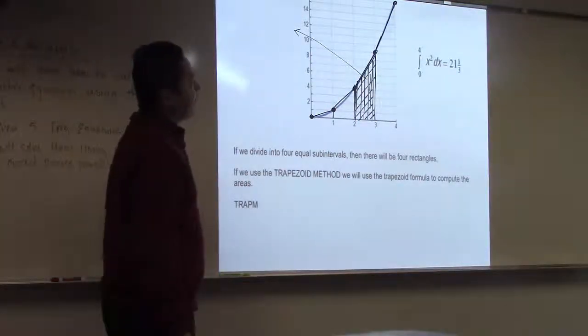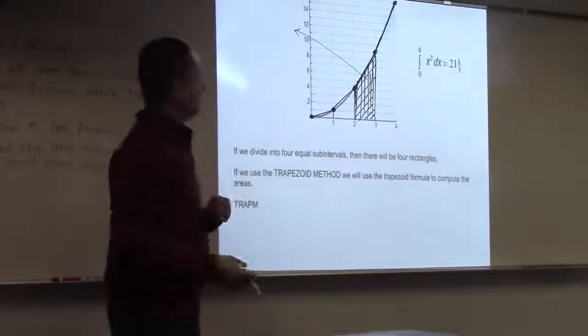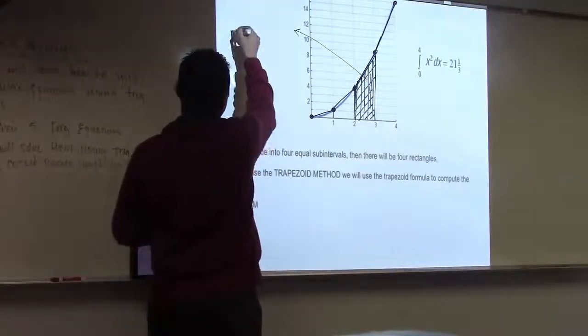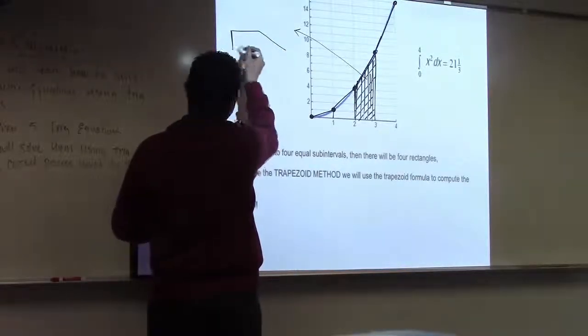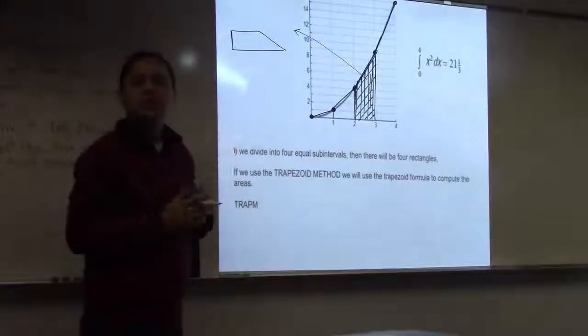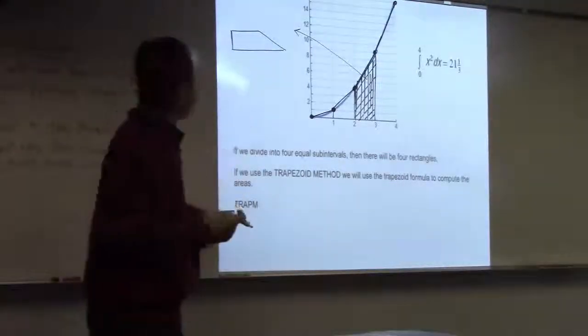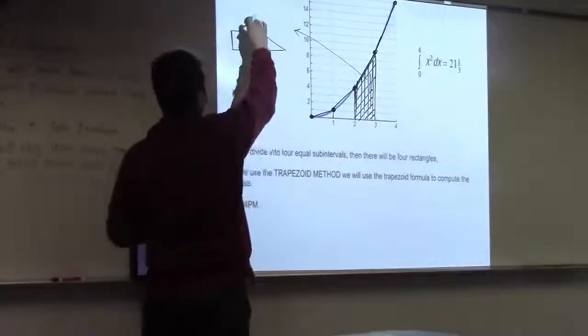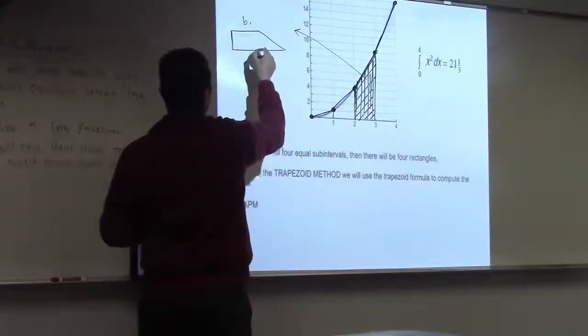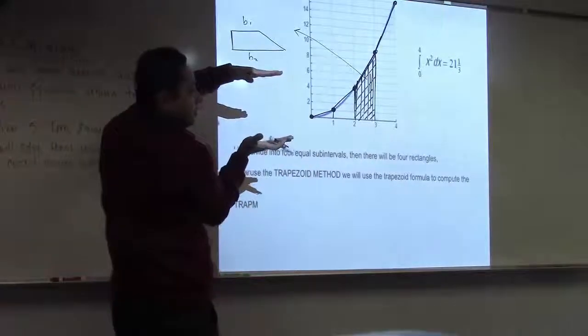So that trapezoid, if it was a geometry course, more than likely would be presented to you this way. For some reason in geometry we do that all the time. We present all the trapezoids this way, right? So we always put like the two bases, basically the B1 and the B2, like this.